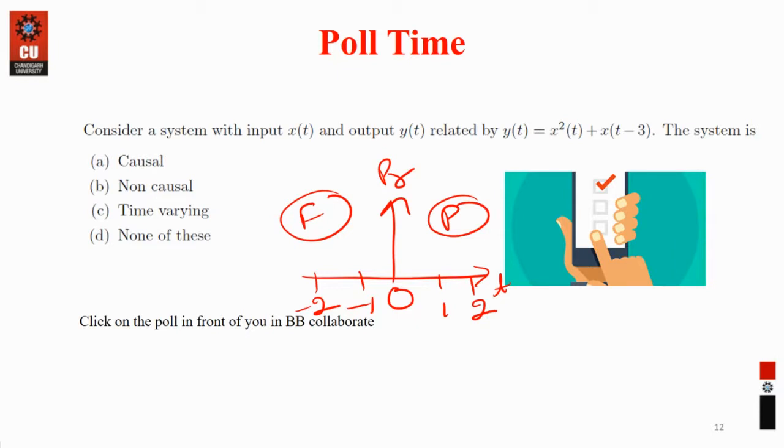I can see that the majority of the students are going to one option only, and still almost 20 students are left to attempt this poll. So attempt this poll right now, hurry up, so that we can move ahead with the next discussion.